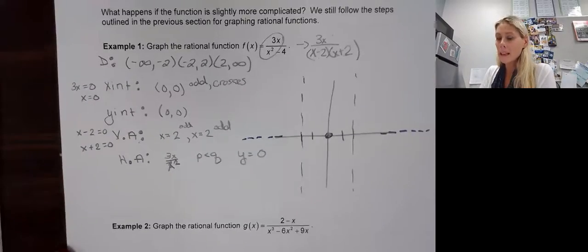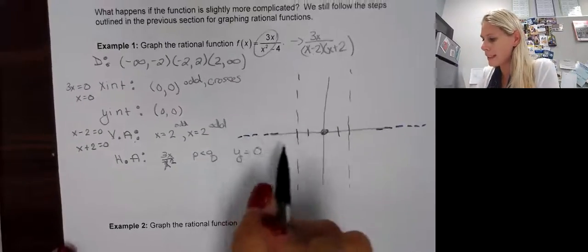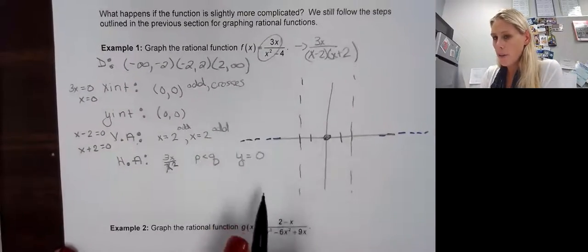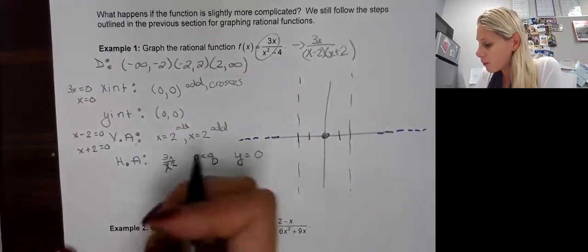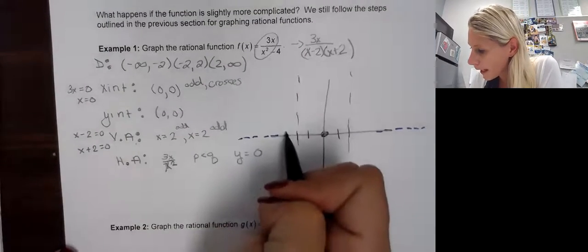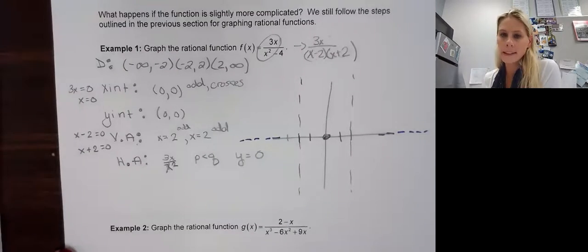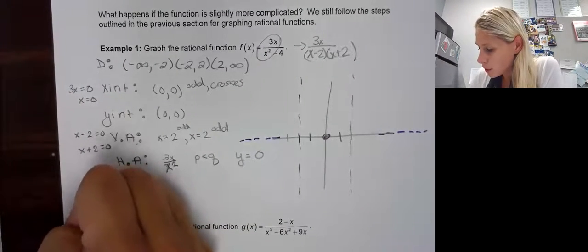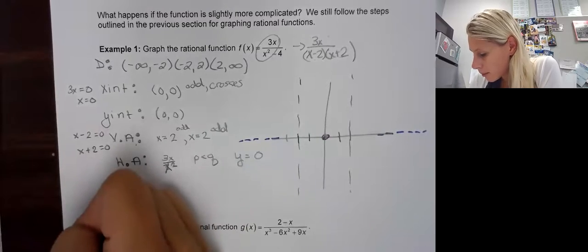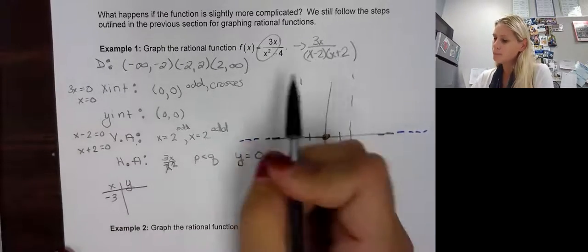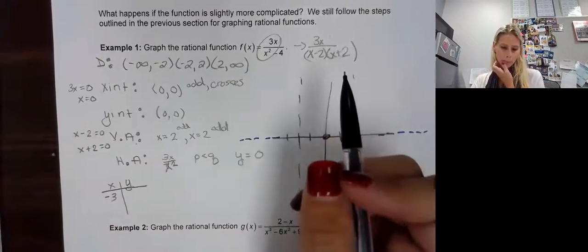So in this case, we might plug in a point. So let's see, is our graph above or below? Okay, well, if it's above or below, why don't we look at what if x is -3? So what we're going to do is make a small table, and in our calculator, plug in -3 to our equation.